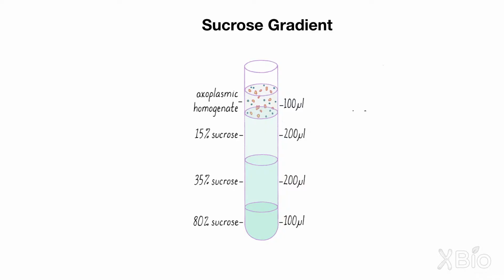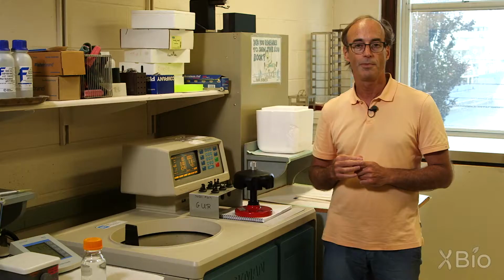A very dense layer at the bottom and progressively lower density layers higher up in this tube. We then put the axoplasmic fraction on top of this sucrose gradient and then put it in a centrifuge which would spin that tube around amazingly fast.